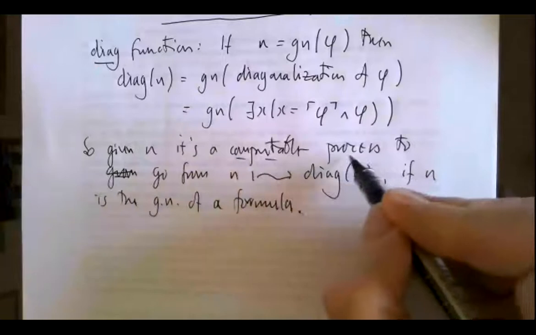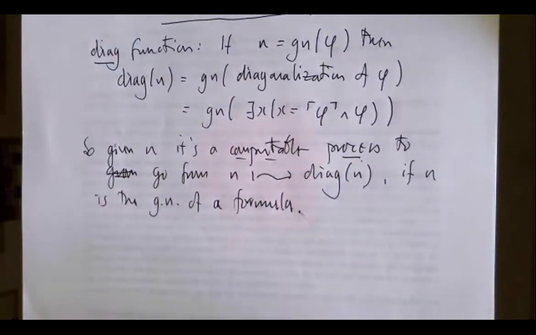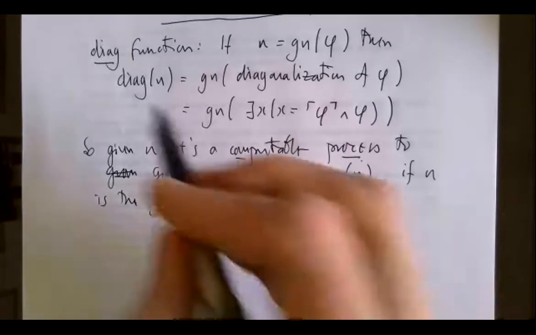So I say it's a computable process, and what 6.13 does is just say, okay, I can find a recursive function that is diag.